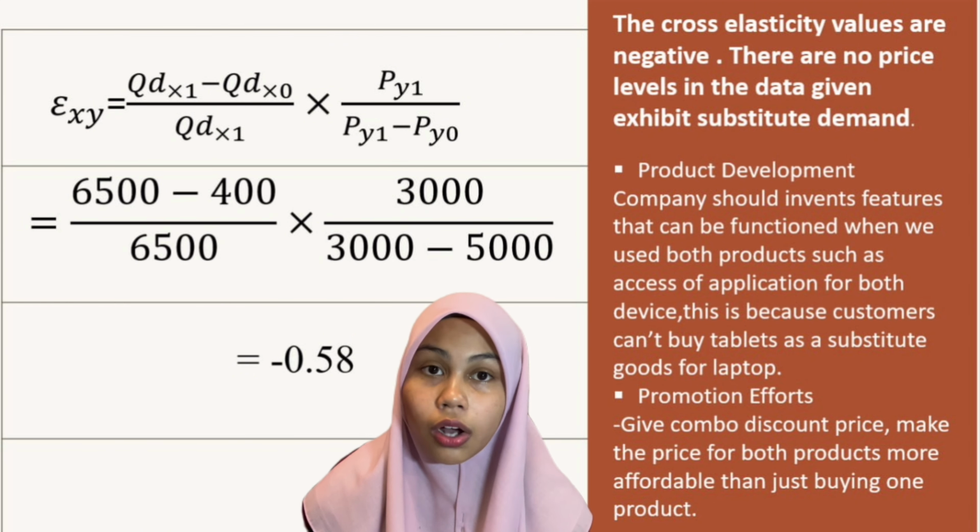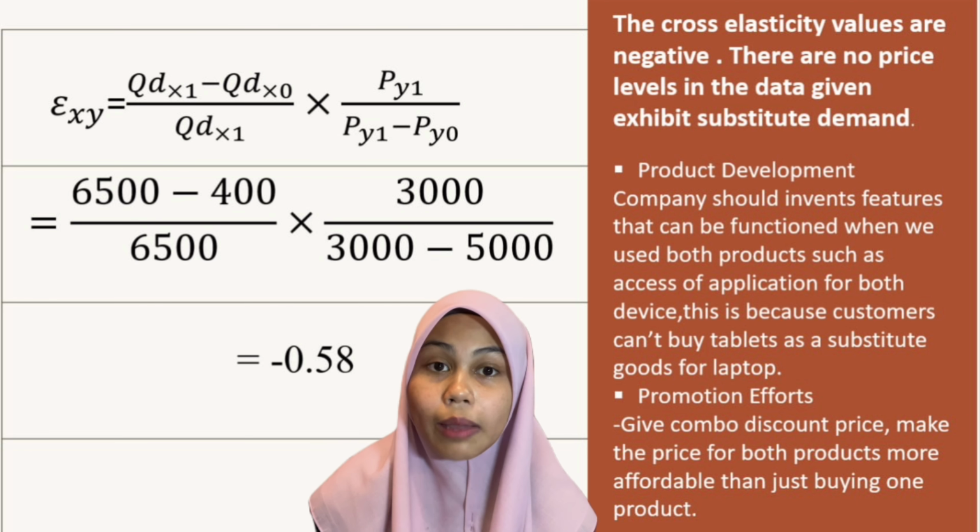For promotion efforts, the company can give a combo discount unit price, making the price for both products more affordable than just buying one product, in order to satisfy the complementary demand.